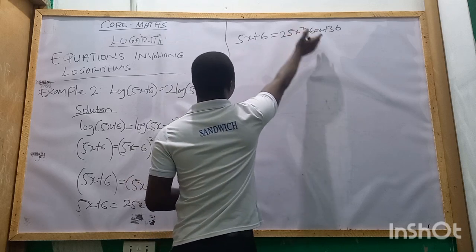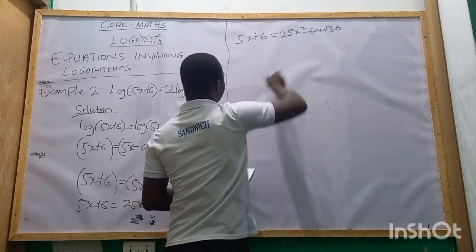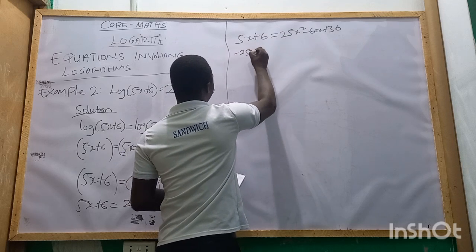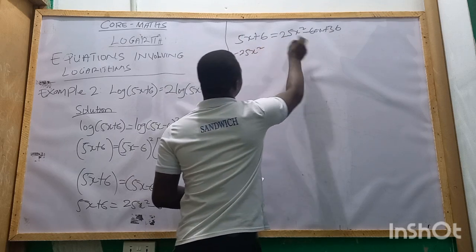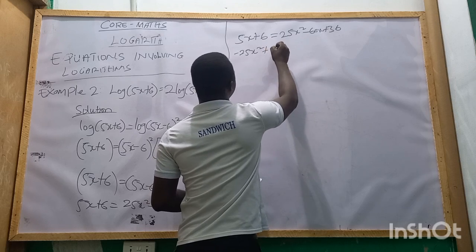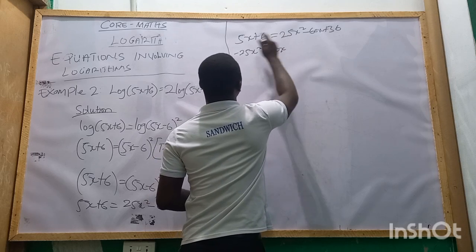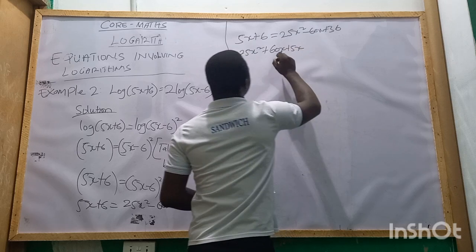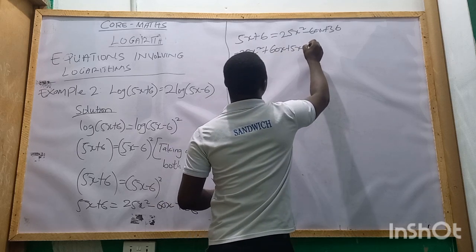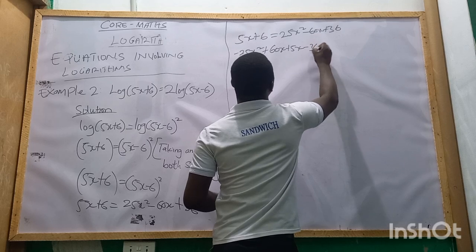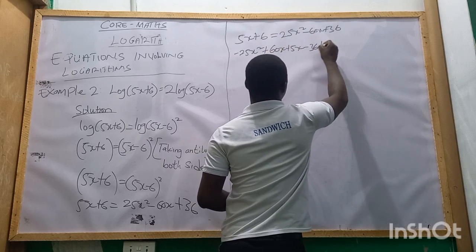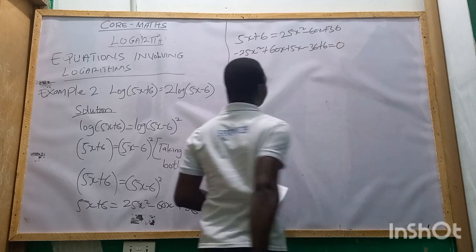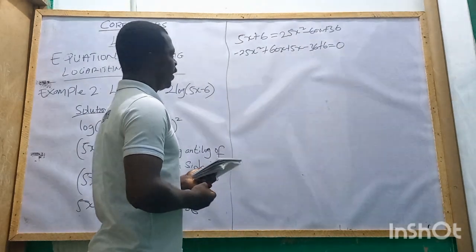Okay, so we'll bring all of them and equate it to 0. This one becomes negative 25x squared. Here becomes positive, and I'll add this 5x to it. Then negative 36, I'll add this 6x, positive, plus 6 equal to 0. Right.